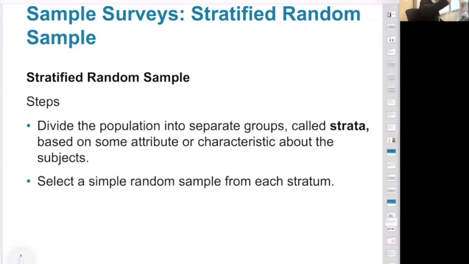In cluster sampling, you divide the population into, I will say, groups, and you will select a random sample from the groups. So the groups are like what subjects you will select. But for stratified sampling, you divide the population and you take a simple random sample from each group. This is the difference between cluster and stratified sampling.